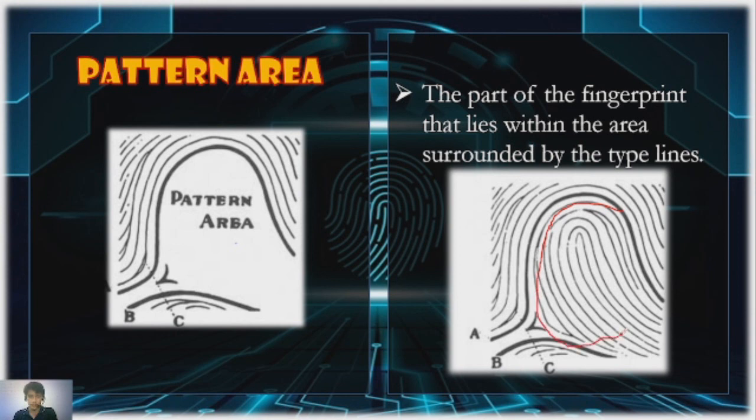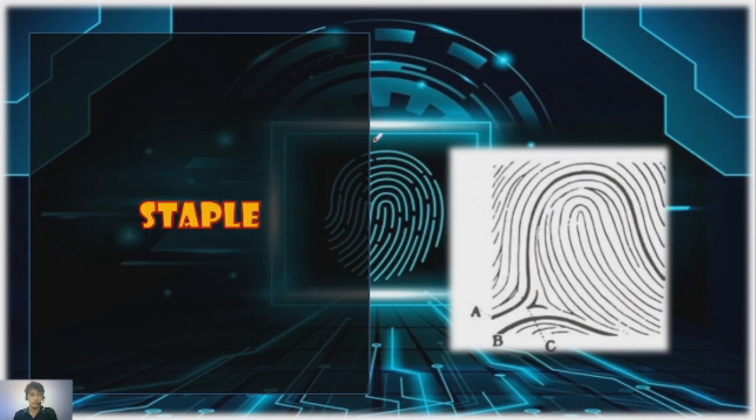So this is the pattern area. Again, these are the type lines, and inside of them is the pattern area. That's the difference between those two.